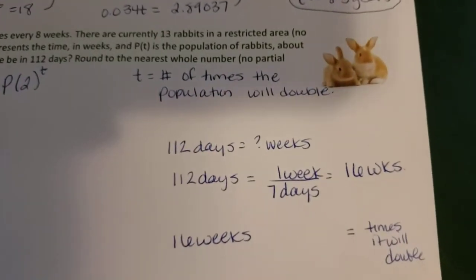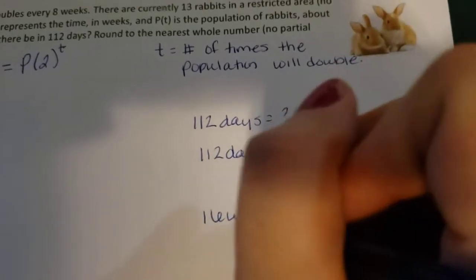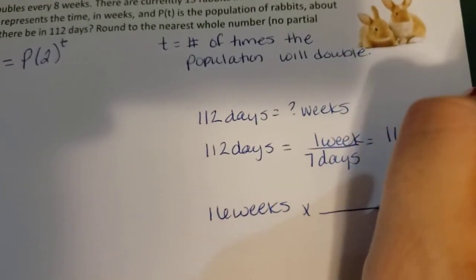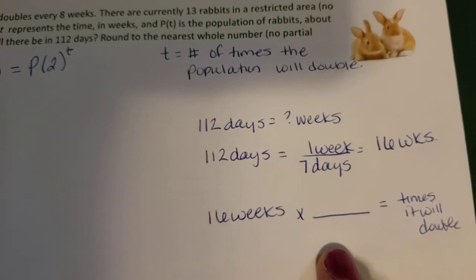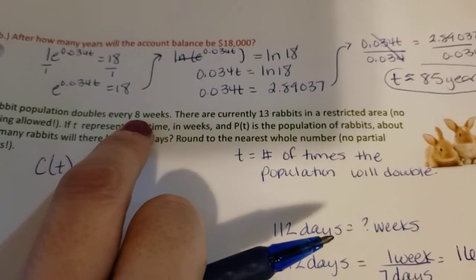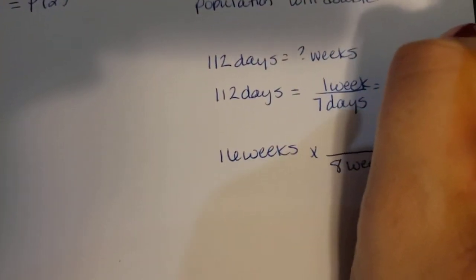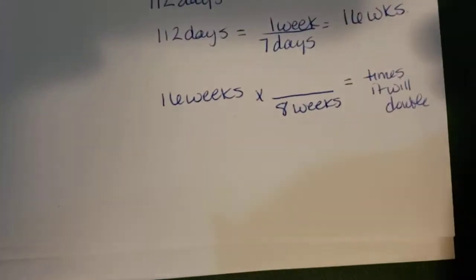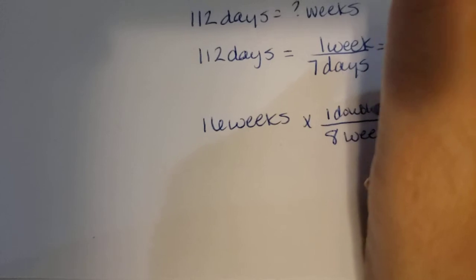Okay, so I know I want to get rid of my weeks, so my weeks needs to go on the bottom. So how many weeks does it take? It takes 8 weeks for it to double. So 8 weeks, and I'm just going to put 1 double.